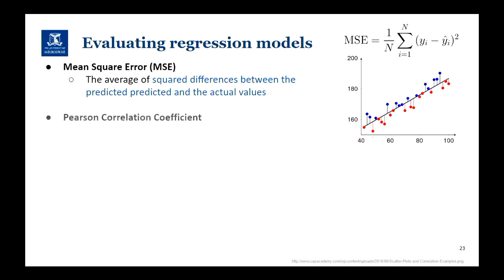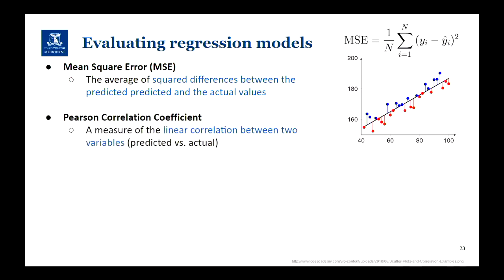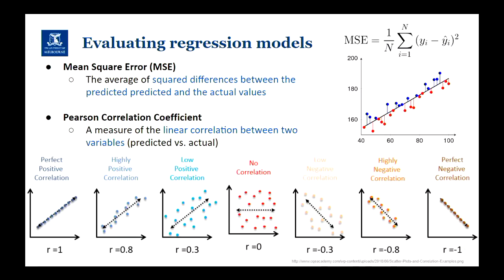And the second one is called Pearson correlation coefficient, which is a measure of linear correlation between two variables, in this case the predicted and the actual. And Pearson correlation also varies from 1 to -1, with 0 representing no correlation at all, 1 representing a perfect positive correlation, -1 representing a perfect negative correlation, and so on and so forth.